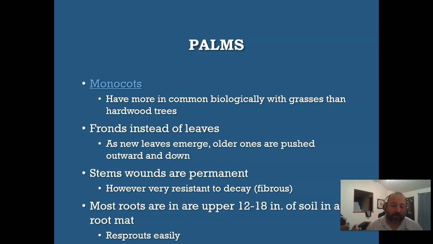Instead of leaves, you have fronds. And what's interesting about the fronds is as the new leaves emerge, the older ones are pushed out and down the tree. Stem wounds are permanent on palms. They don't have a lot of protection on the outside of them.